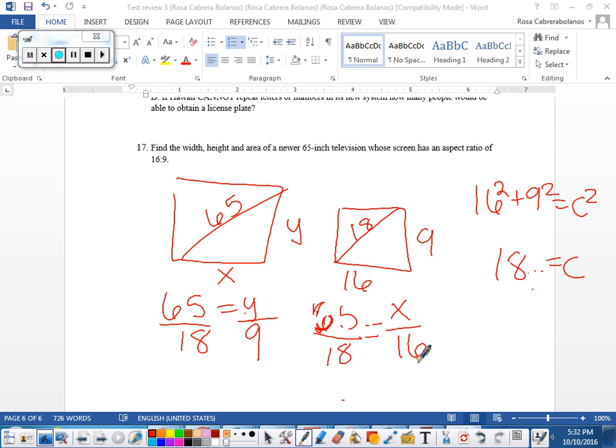Cross multiply and divide. Once you find x and y, just multiply x times y. That's a y. Sorry, it's not being nice. And that'll be your area, because it's asking for area and it's asking for the length and the width, or width and height.